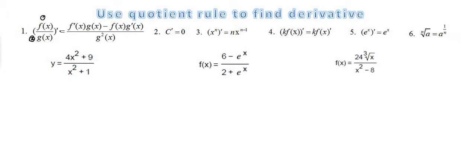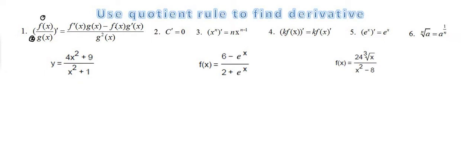The derivative of this ratio is going to give us the derivative of the first function times the second function, subtract the first function times the derivative of the second function, over the second function squared.